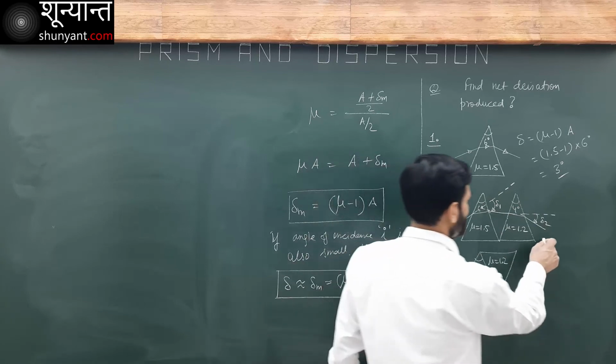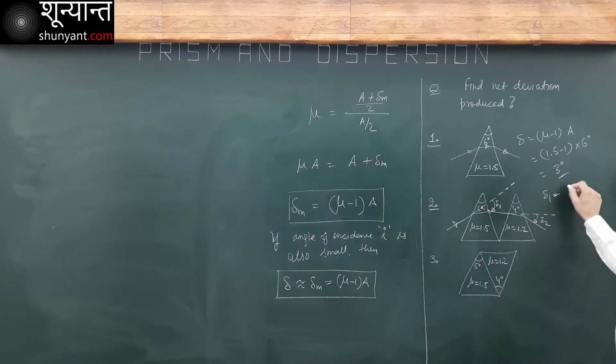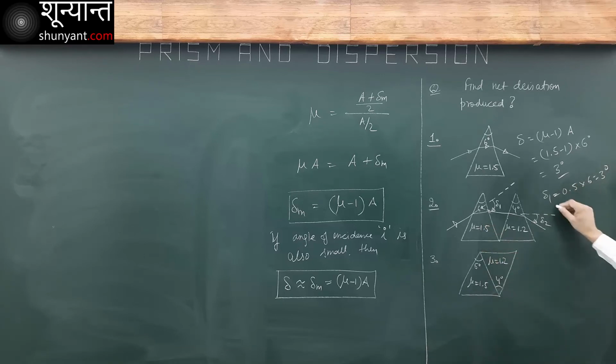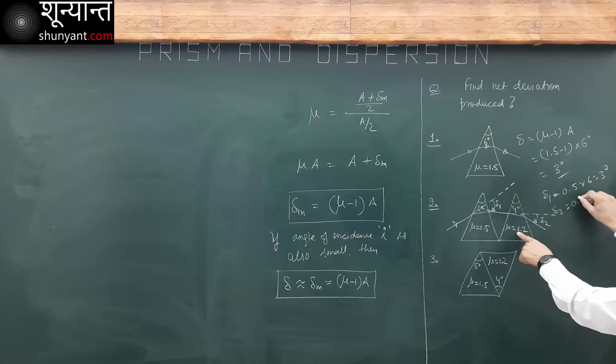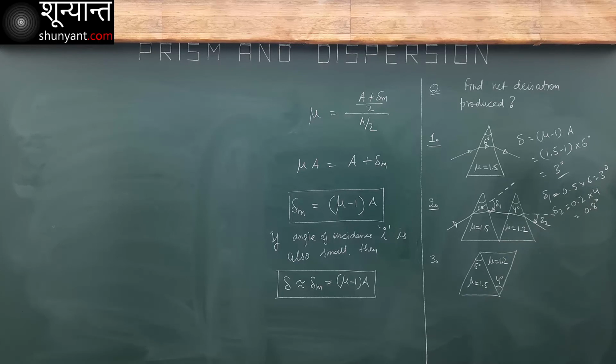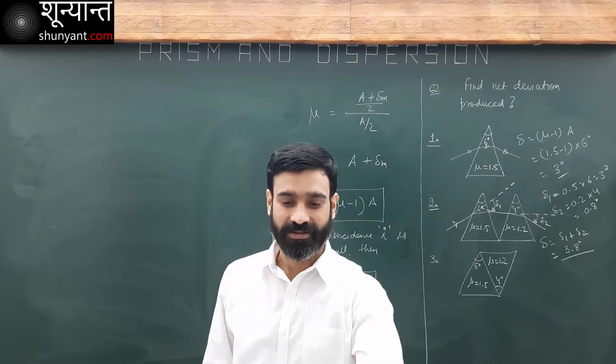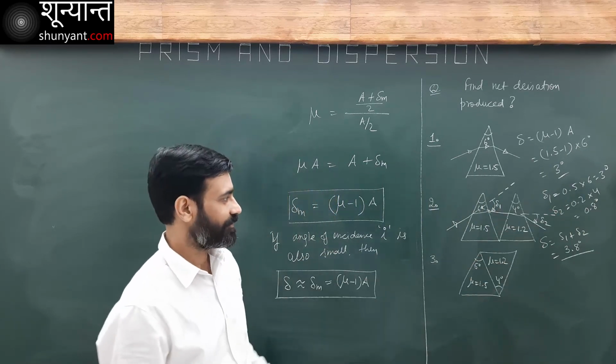So delta 1 is equal to 0.5 times 6, which is 3 degree. Delta 2 is 0.2 times 4, which is 0.8 degree. What will be the net deviation? Delta 1 plus delta 2, which is equal to 3.8 degree. The light ray undergoes successive deviations, so the total will be equal to the summation of all successive deviations.